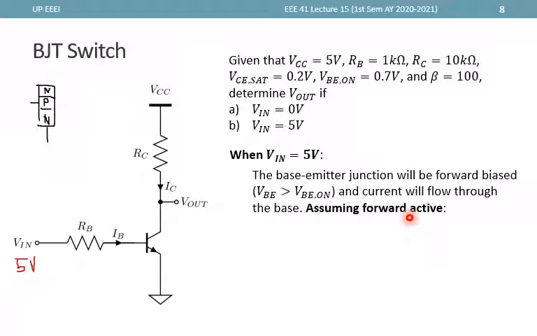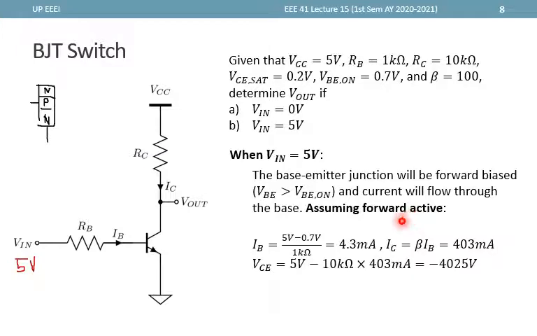If we assume that it is in the forward active region, then we're constraining VBE to be equal to 0.7 volts with this given. And we'll use IC equal to beta IB. Starting with IB, this current is the current through this resistor, so we use the voltage across the resistor over the resistance.